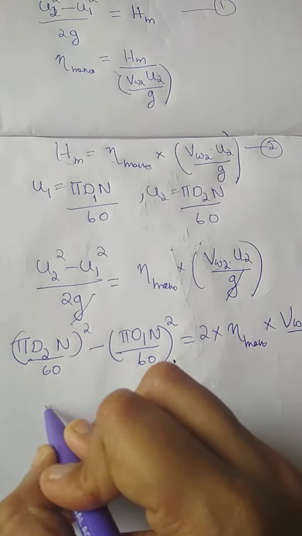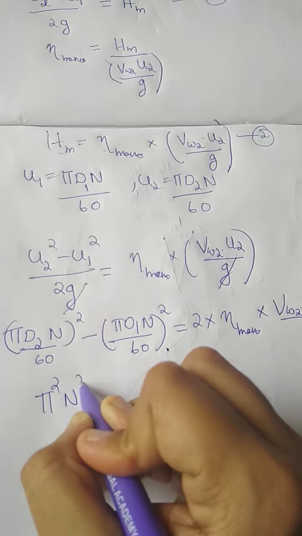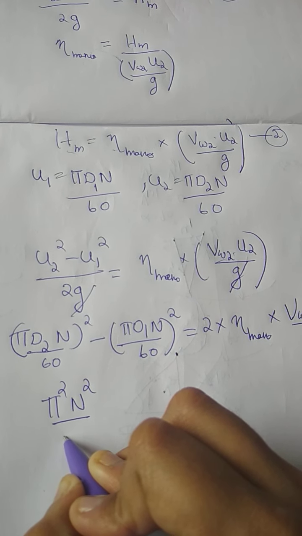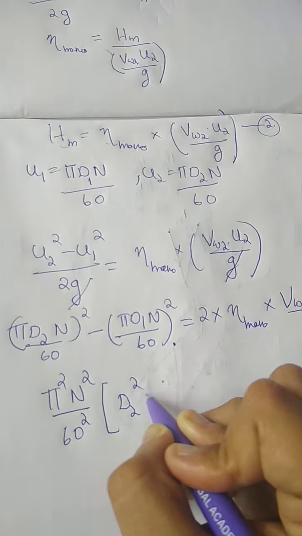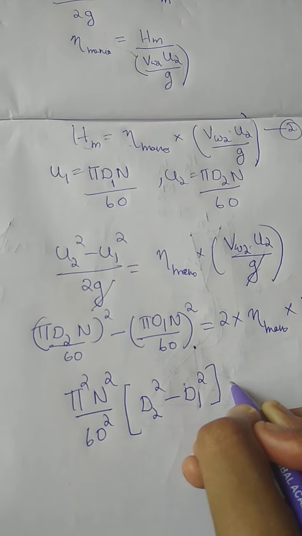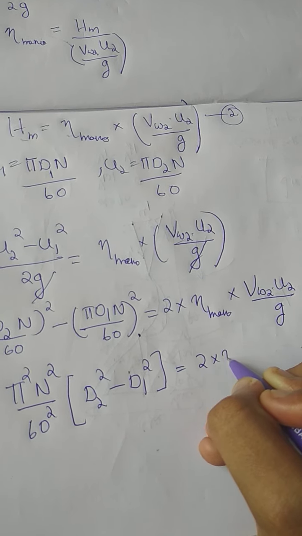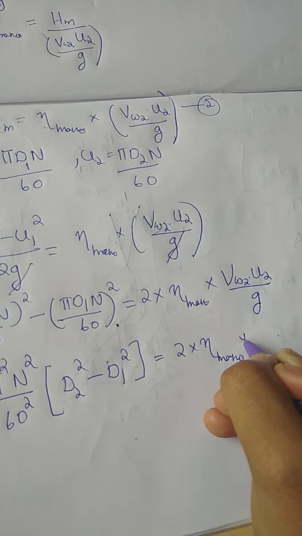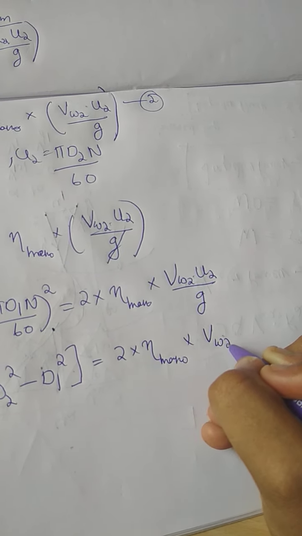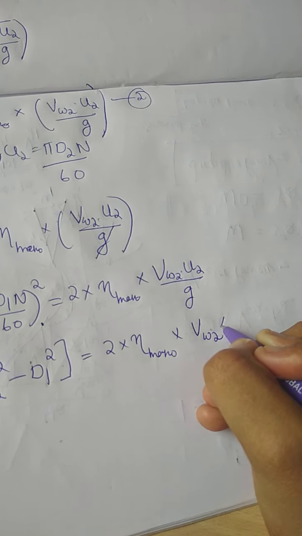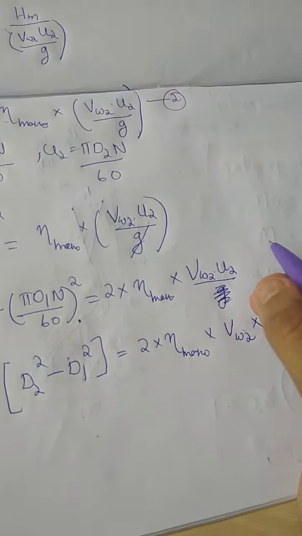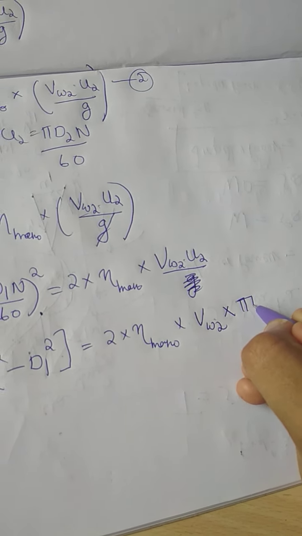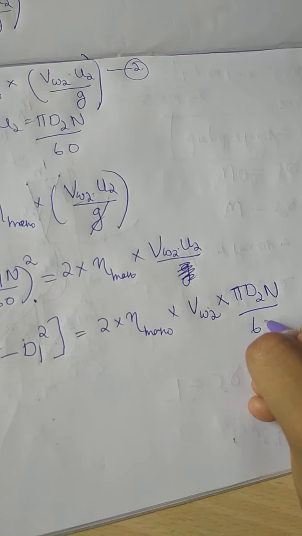What is common here? Pi square n square and 60 square are common. So what is left is d2 square minus d1 square equals 2 into eta mano into Vw2 into u2, where the g is already cancelled away. Instead of u2 I am again writing pi d2 n by 60.